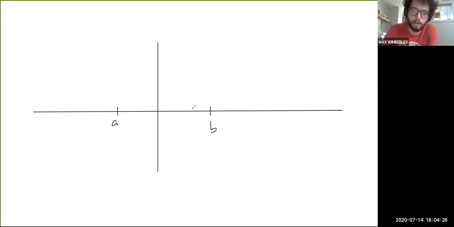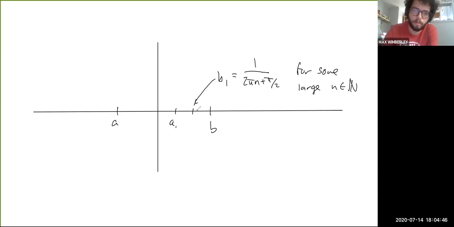All we did was find B1, which is 1 over 2 pi n plus pi over 2 for some large n, and A1, which is 1 over 2 pi n plus 3 pi over 2, right?